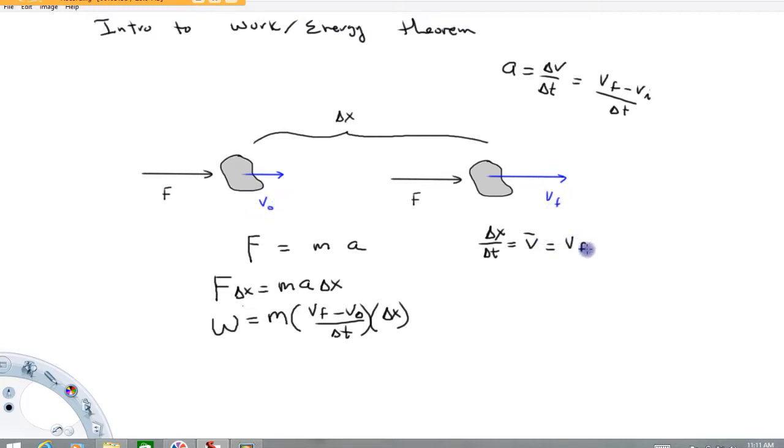So I'm going to go ahead and write that: v final plus v initial over 2. So this equation now can be written m times v final minus v initial, that's for this term. The delta x over delta t is equal to the average velocity, which can be written v final plus v initial over 2.